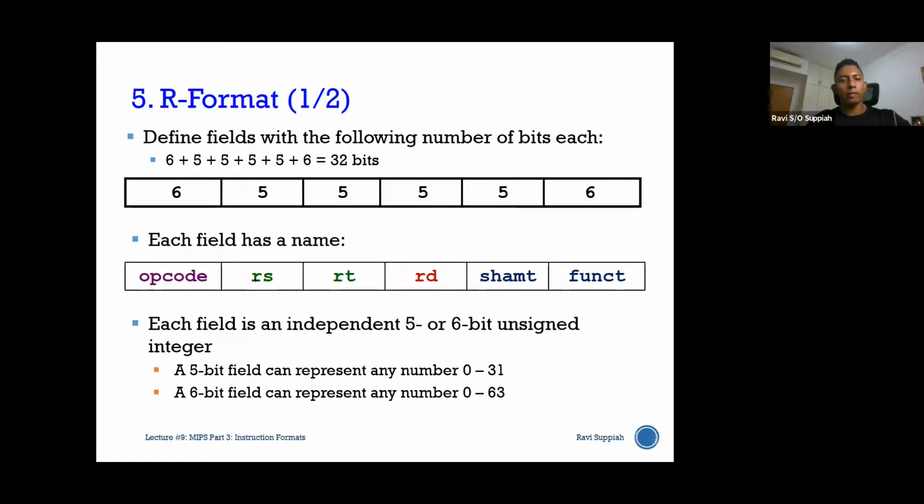When I say I have a 5-bit field, which is RS, RT, and RD, it tells me that the 5 bits can be used to represent numbers ranging from 0 to 31, which is basically the 32 registers that we have.